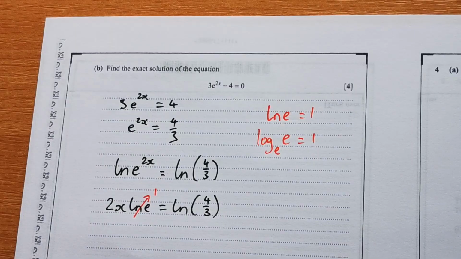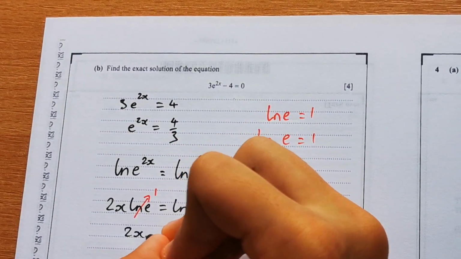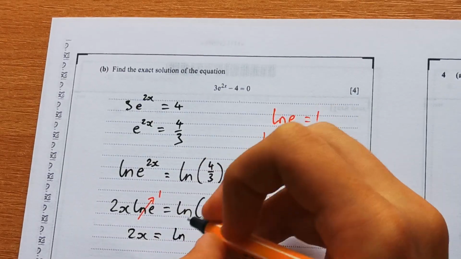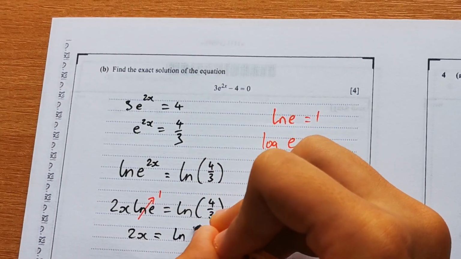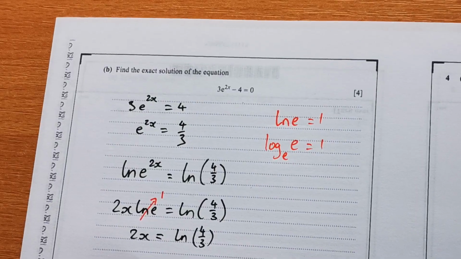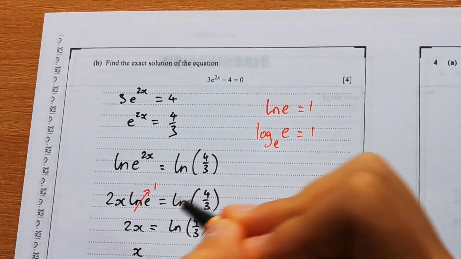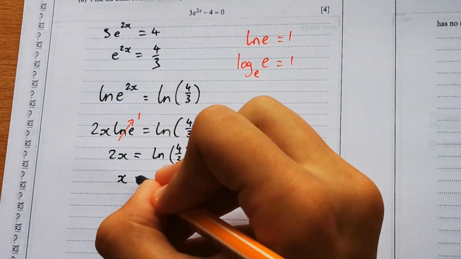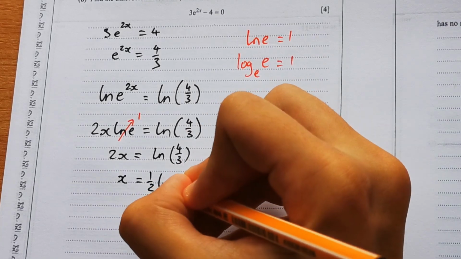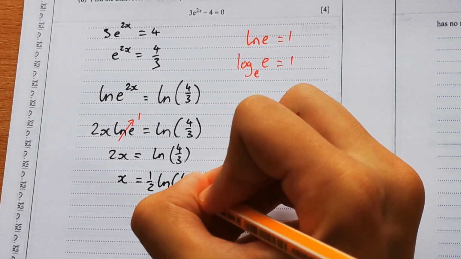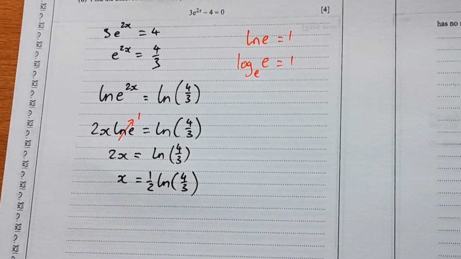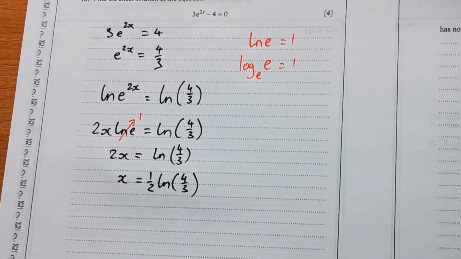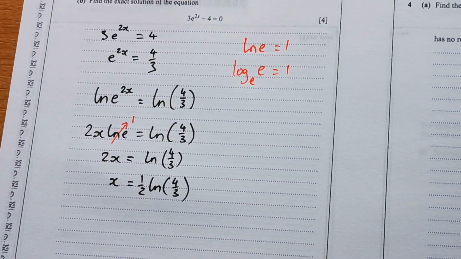So now 2x equals ln 4/3, and let's just divide both sides by 2. So x is equal to half ln 4/3, which is all you have to leave it at, because we had to find the exact solution. There is our exact solution.